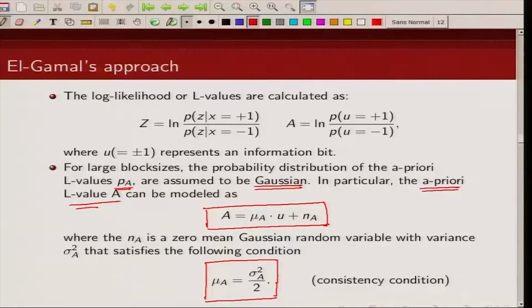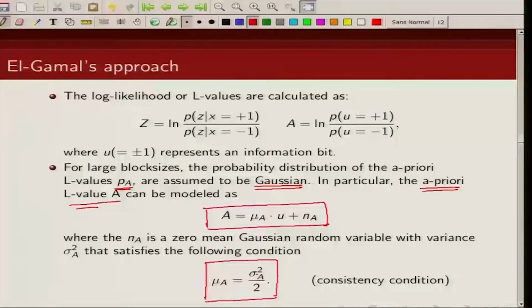What happens is, if you make this Gaussian assumption and you assume that mean and variance are related, then you essentially need to track only one parameter. For example, with just the mean you can track your Gaussian distribution because mean and variance are related.